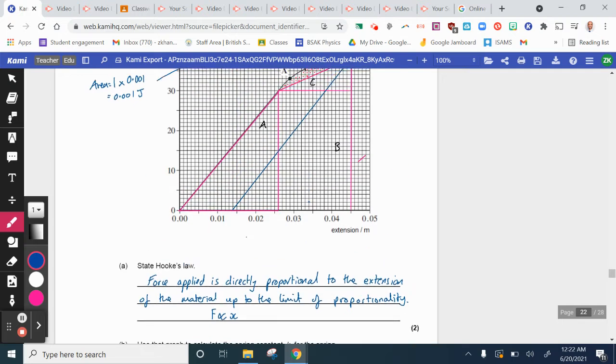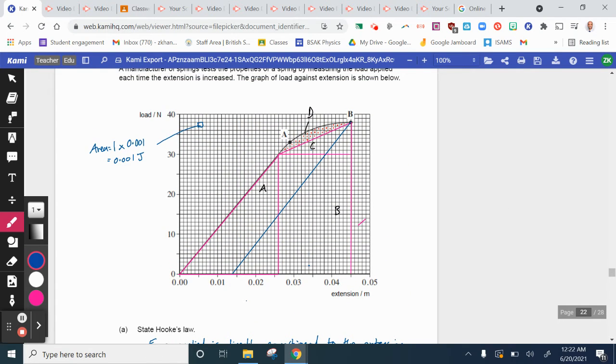So what we need to do here is draw the unloading phase, and that blue line there is the unloading phase. So as I remove the weight, it will return back to some deformed position, not back to its original extension, because we have gone beyond, as point A indicates, its elastic limit.